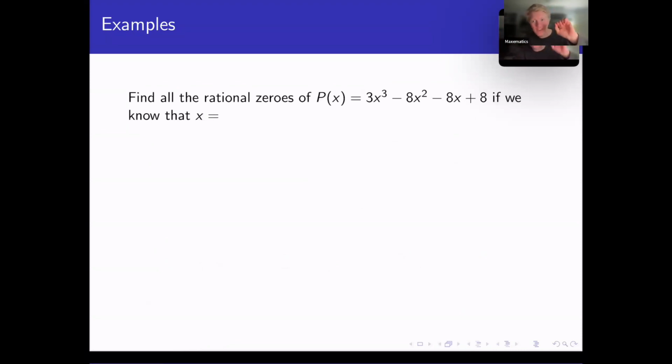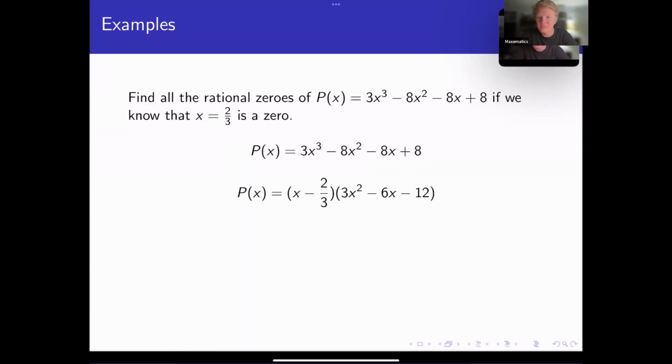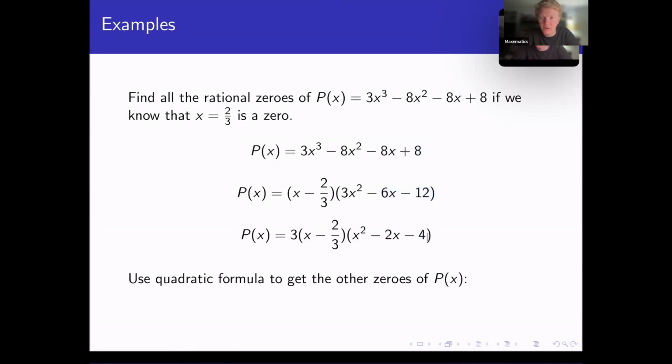So let's just say that we knew that 2/3 was a zero. Well, knowing that 2/3 is a zero, then we would get something like this. We could factor this by taking out a 3. And then to find the remaining zeros, we would need to do the quadratic formula on that.